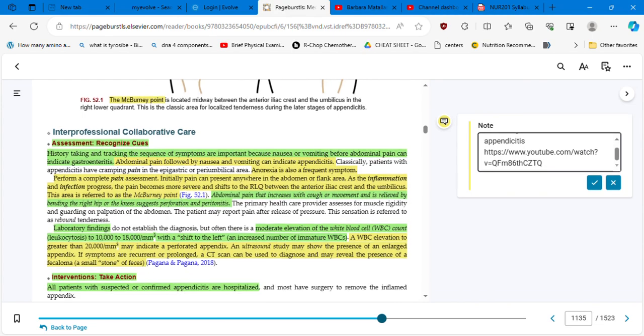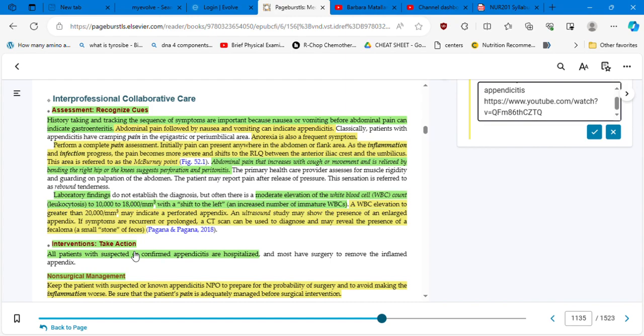Laboratory findings will show moderate elevation of the white blood cell count, which is leukocytosis, 10 to 18,000. We just saw on peritonitis that the WBC are going to be above 20,000. So in appendicitis, it's going to be between 10 and 18, with a shift to the left, an increased number of immature white blood cells.